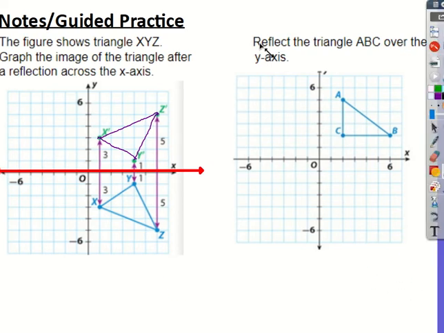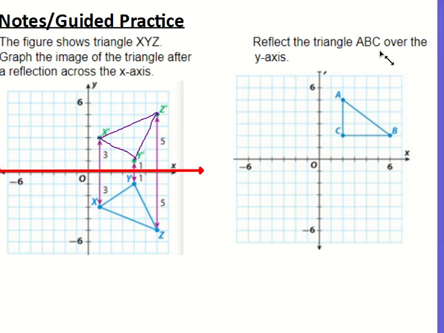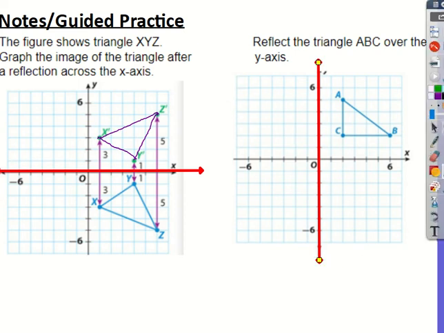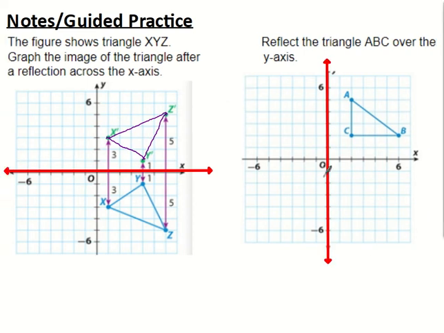So now it's telling us to reflect ABC over the y-axis. So this is our line of reflection, and I want it to be the same distance from here. A is 1, 2 away from the y-axis.